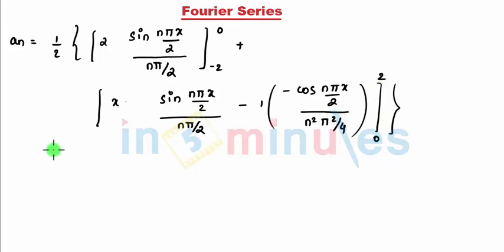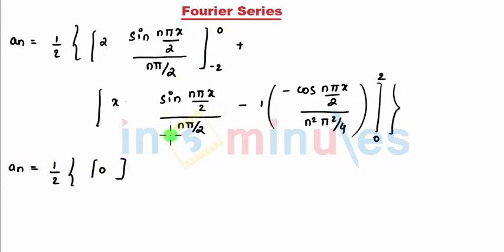So after substituting limits here, when you put 0, sin 0 is 0, and when you put -2, the 2s cancel, sin n pi is 0. So I can write a_n as 1 by 2, your first term whole will be 0.